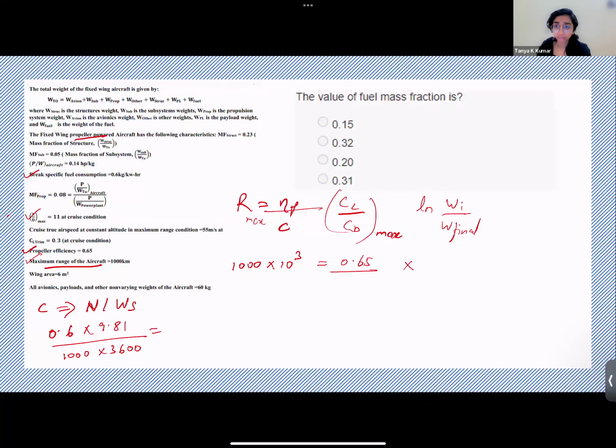Please mute yourself. L by D max ratio is 11. And then you have initial upon final. So what is this value? Just compute it and find out and let me know the C value, SFC.